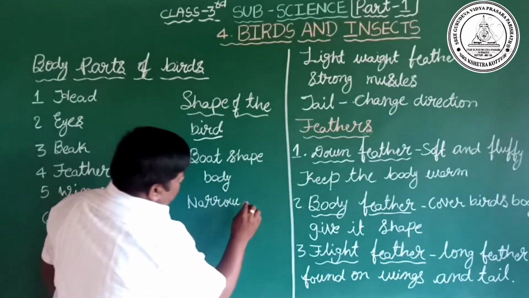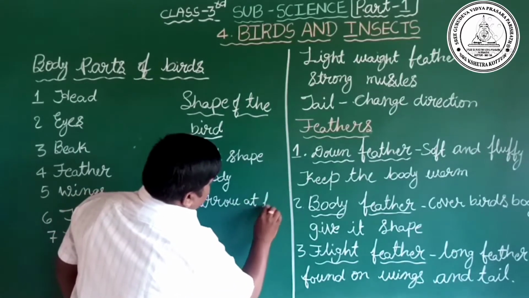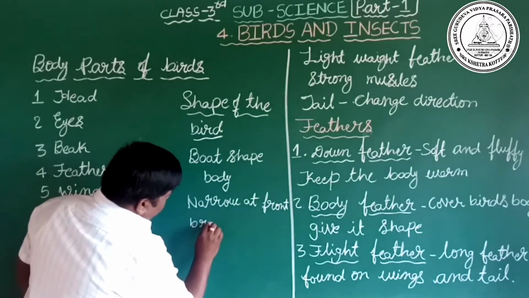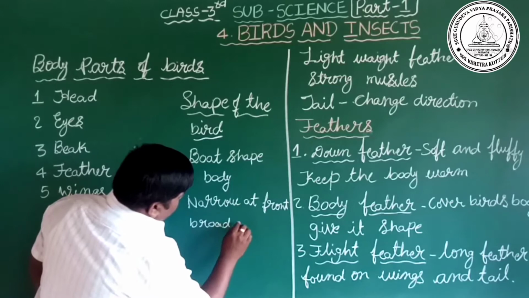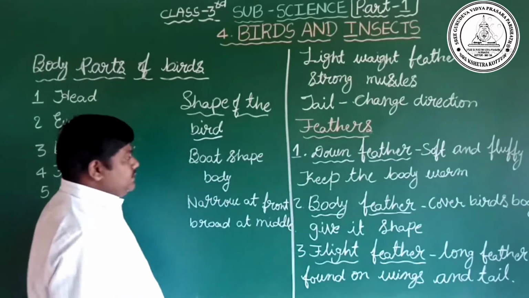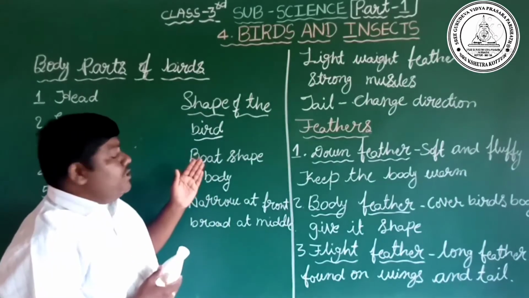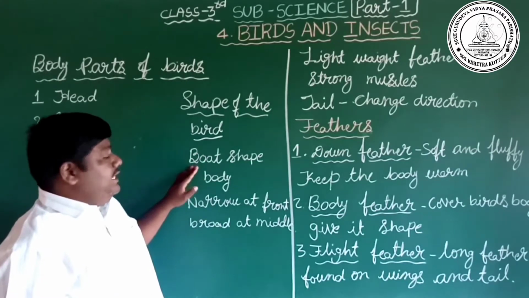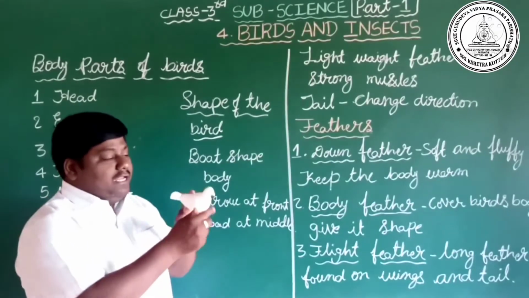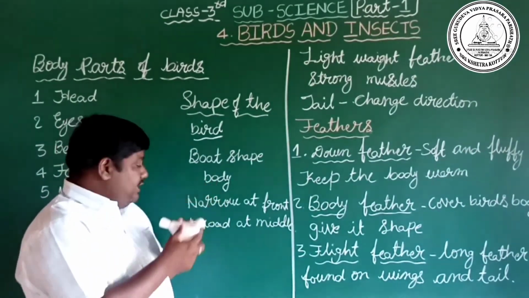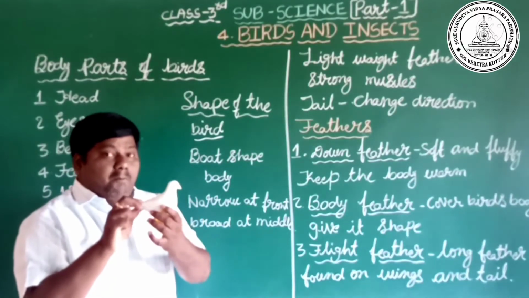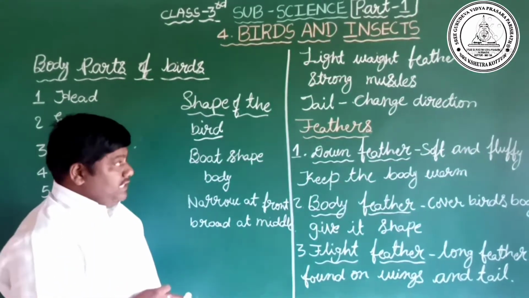Narrow at front, broad at middle. See, this is about the bird's body shape. The bird's body is boat shape, narrow at front and broad at the middle. Here we are seeing broad, that means big in size.